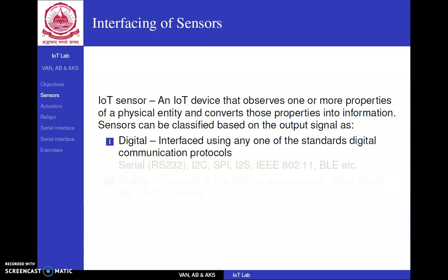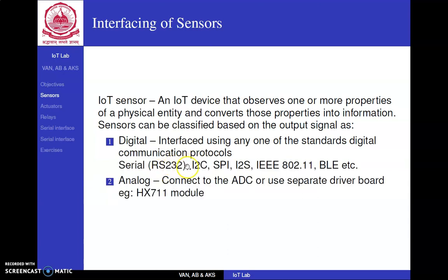We'll give you many examples for that. They give digital data which will be connected to the microcontroller through various protocols like I2C, SPI, I2S, and Wi-Fi, Bluetooth Low Energy, etc. All these protocols, their details and how they work, will be covered in the theory sessions.